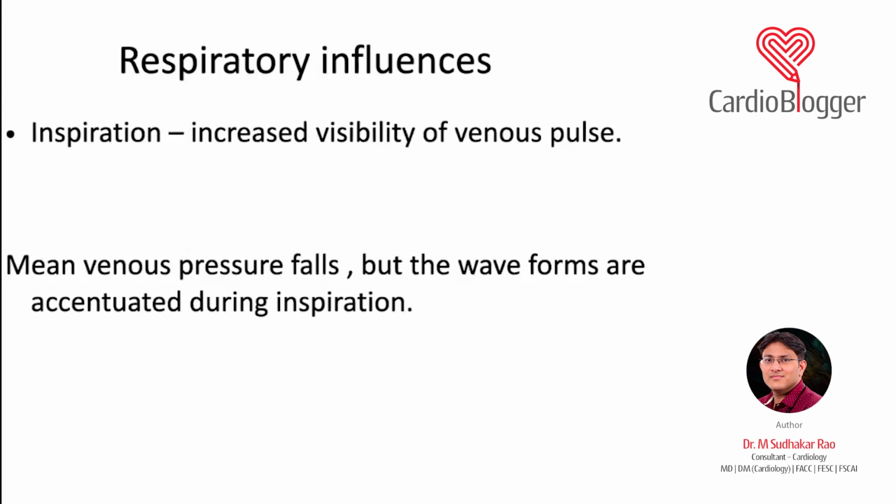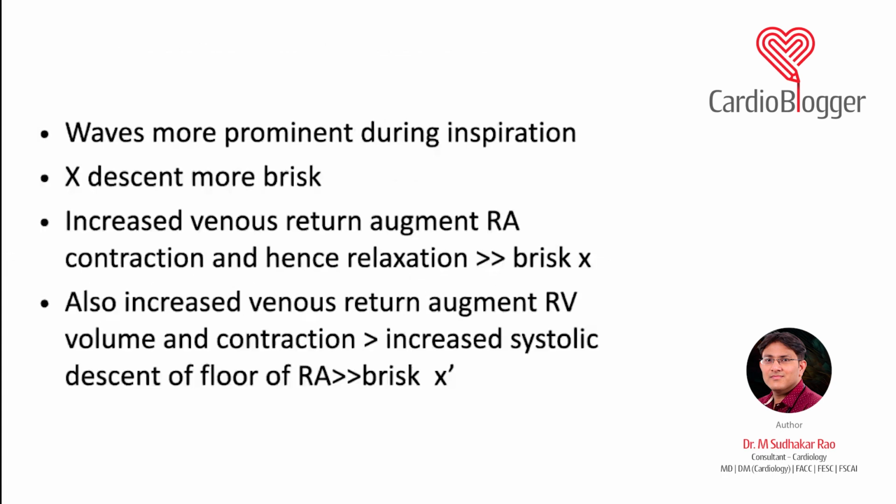Now coming to the respiratory influences, as I already told you, Kussmaul's sign is the inspiratory rise of the JVP. Normally, though the mean venous pressure falls during inspiration, the waveforms are usually accentuated. Though the mean venous pressure falls during the inspiration, the waveforms become prominent, and it is the A wave or X descent which becomes more prominent on inspiration.